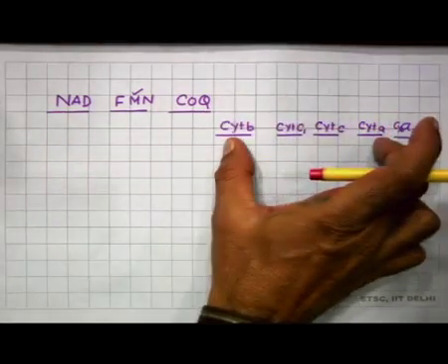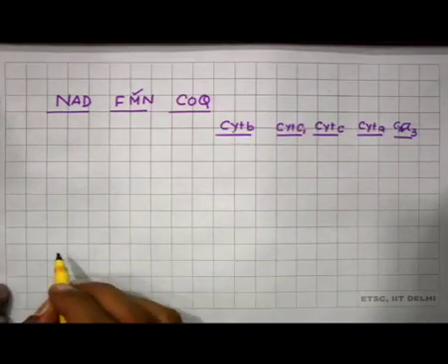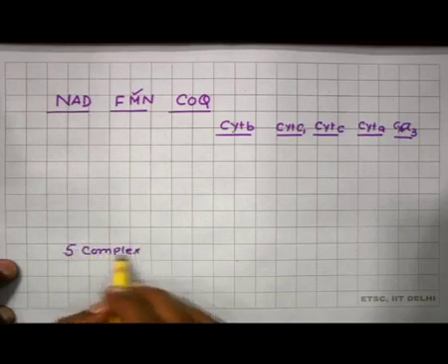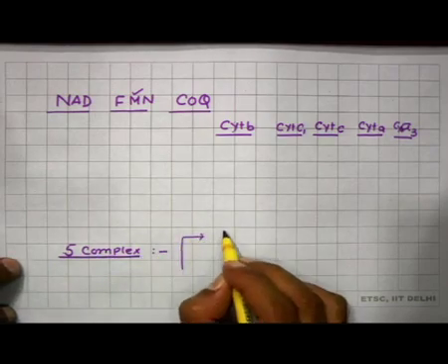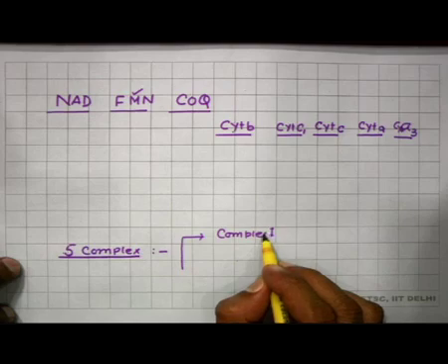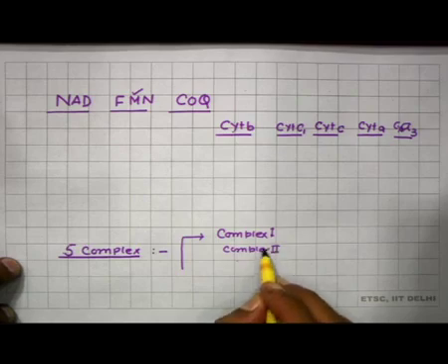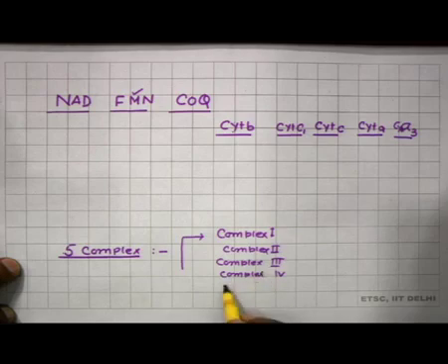The electron transport chain complexes are divided into 5 complexes. These 5 complexes are complex 1, complex 2, complex 3, complex 4 and complex 5.